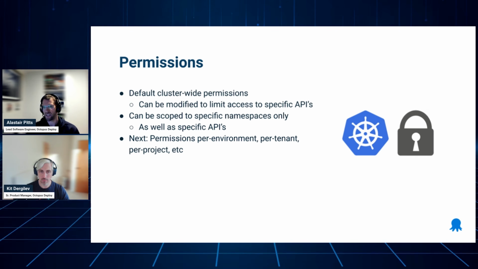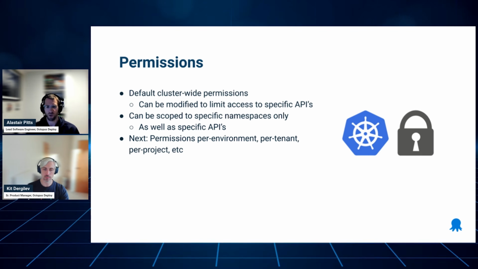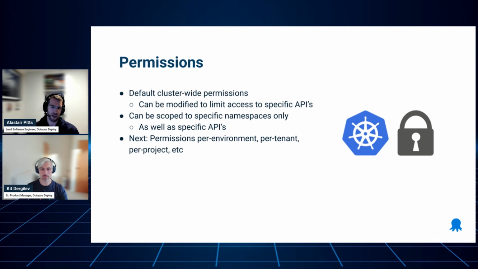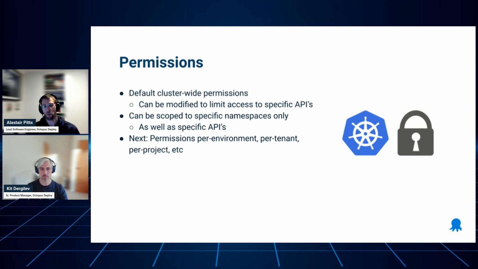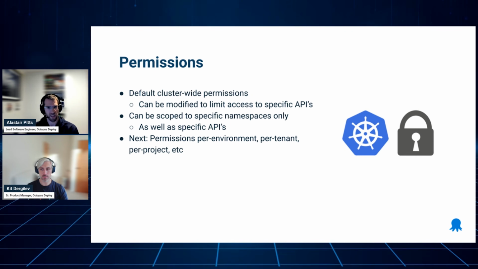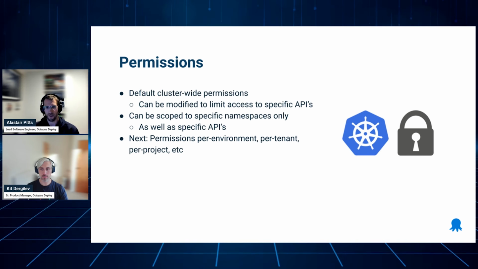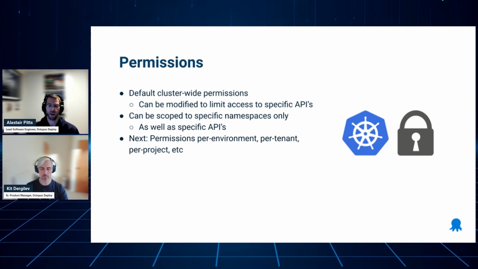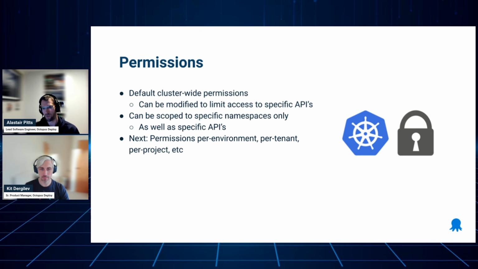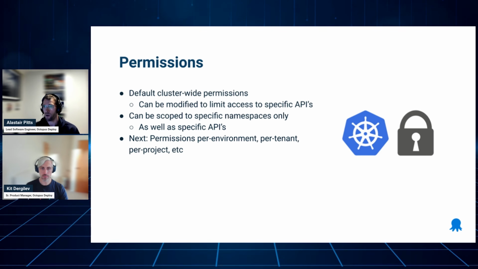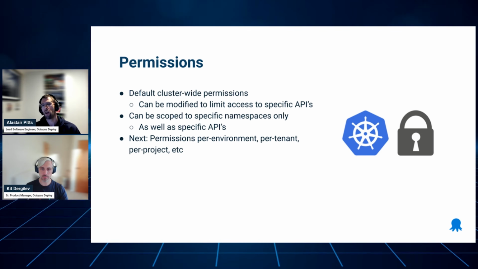Because Octopus could be doing multiple deployments to multiple different namespaces, and we're not at the point of deployment, we don't actually know that information when we're setting this up. So by default, we have a cluster admin wide permission structure where it can just deploy to any namespace. Now, that's not going to work for everyone, but it's a good out of the box.